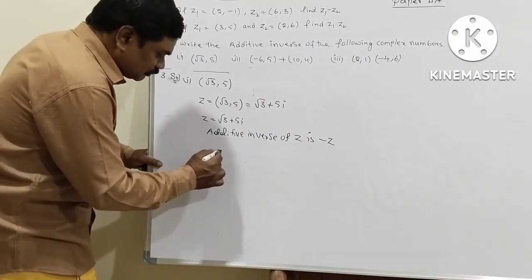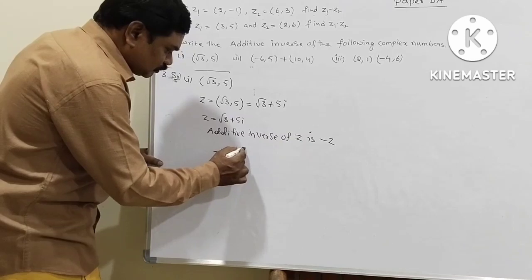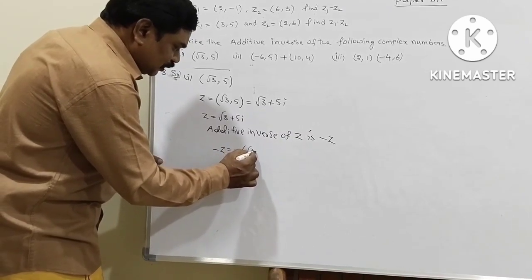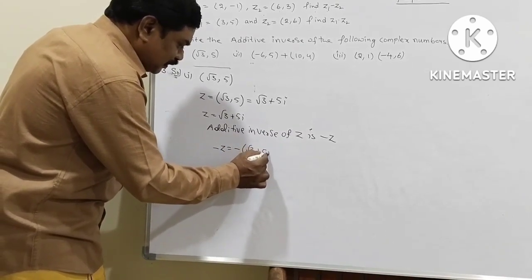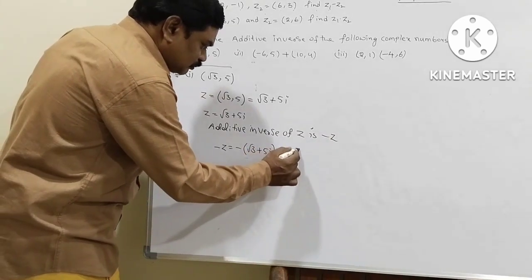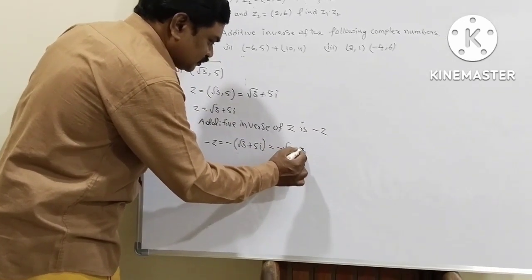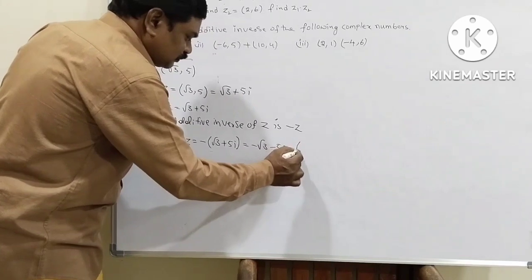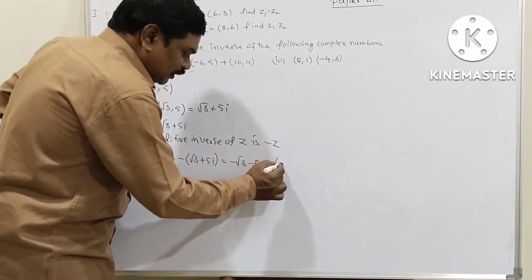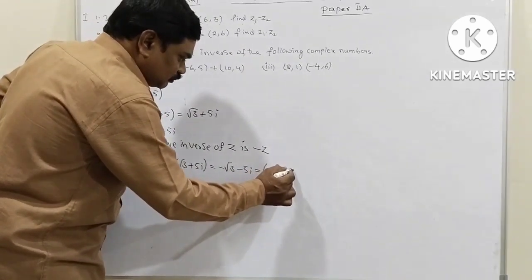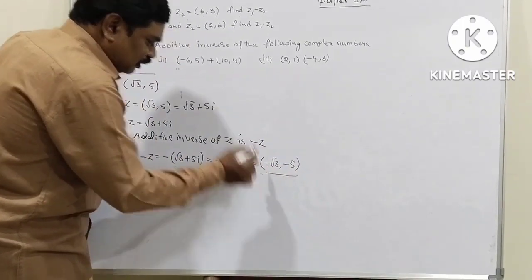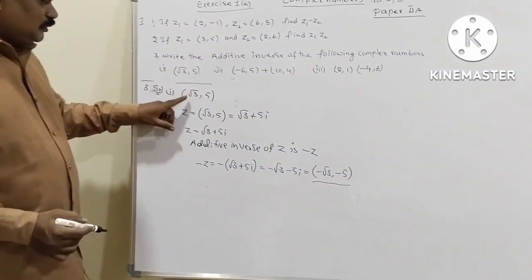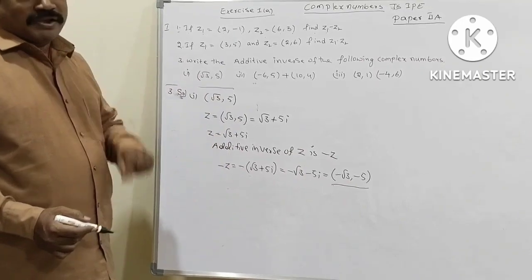So minus z is equal to minus of (root 3 plus 5i), which is minus root 3 minus 5i. You write (minus root 3, minus 5). This is the additive inverse of (root 3, 5).